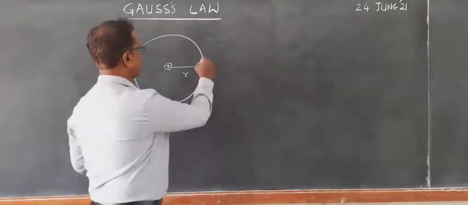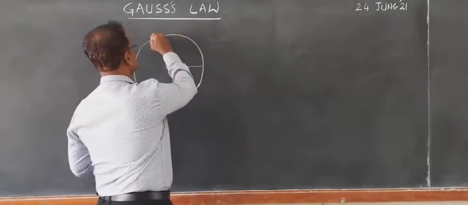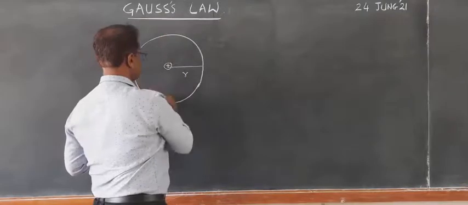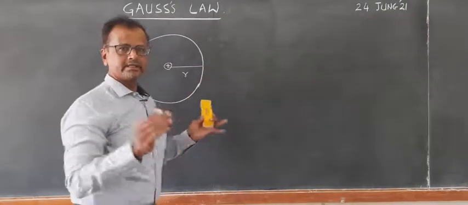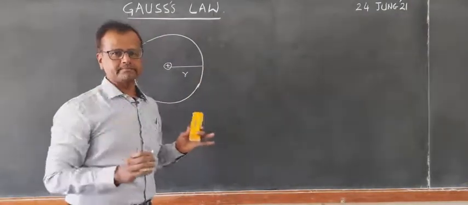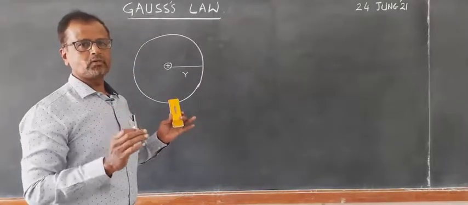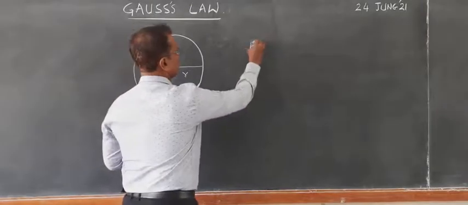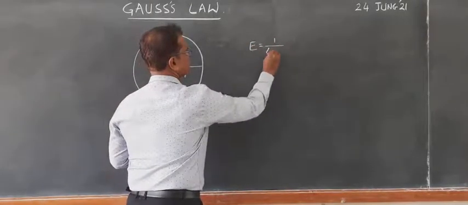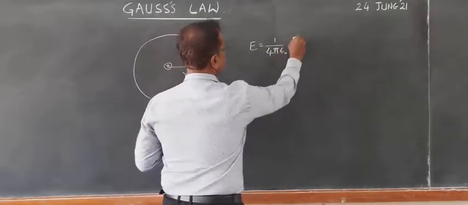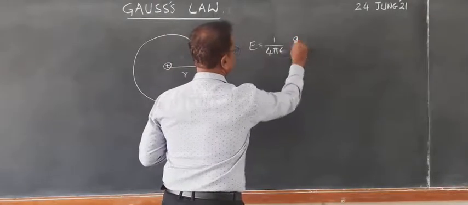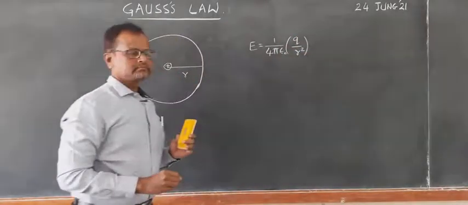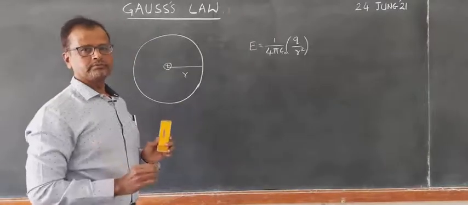Then at every point on this spherical surface of radius r, the electric field takes the same value, E equal to 1 upon 4 pi epsilon naught Q by r square. This is what we know.